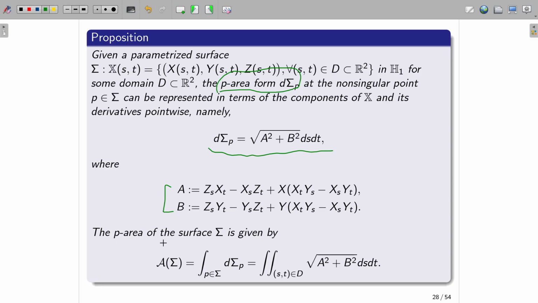The p-area of the surface sigma is given by the integral of the p-area form over all points on the surface, which, written in parameters, is the integral of the square root of A squared plus B squared.